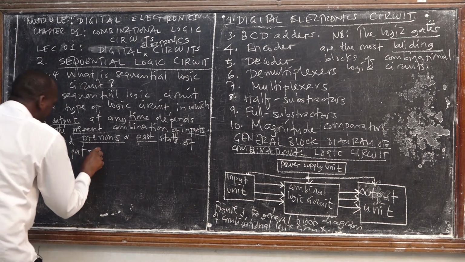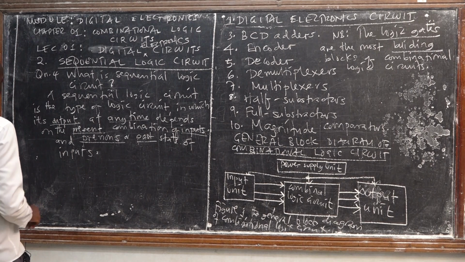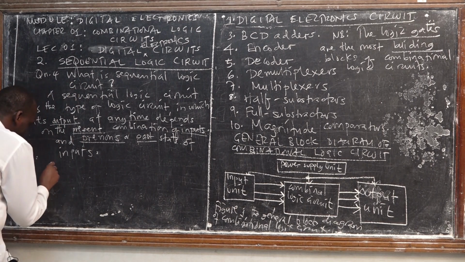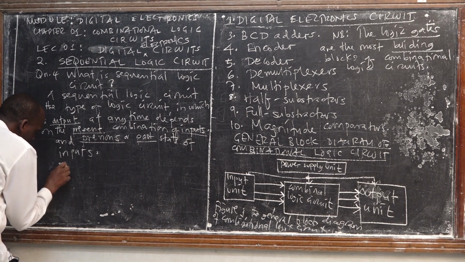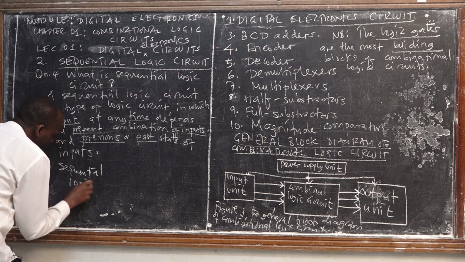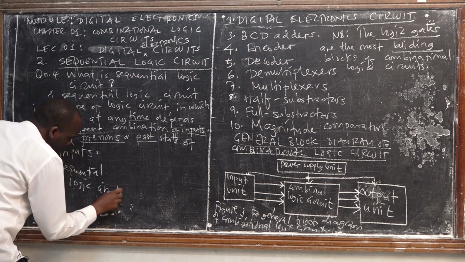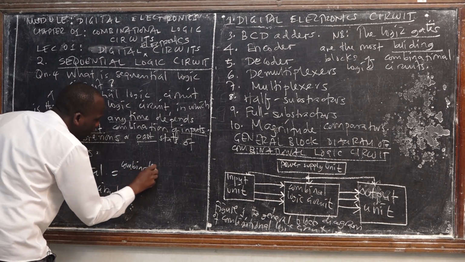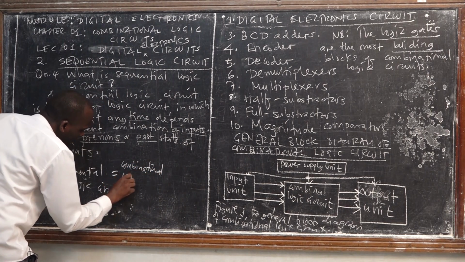Okay, so then we say that a sequential logic circuit is simply a combinational logic circuit plus memory.